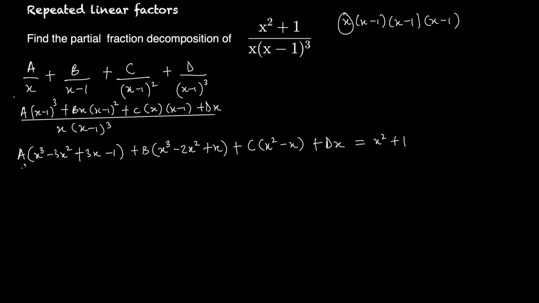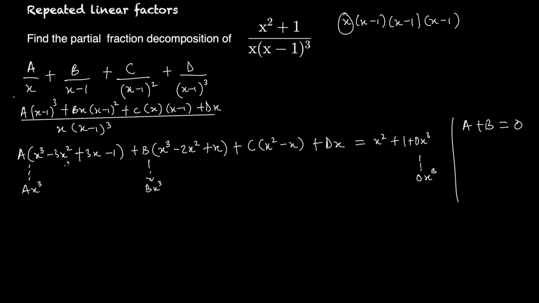For degree 3, which is x cubed, we have Ax cubed, and in the second term we have Bx cubed as well, and on the right hand side there is no equivalent degree, so we can pick a zero coefficient. So A plus B equals 0 for x cubed.